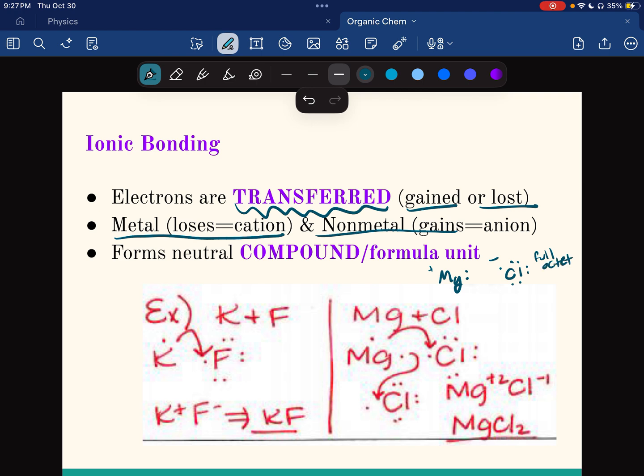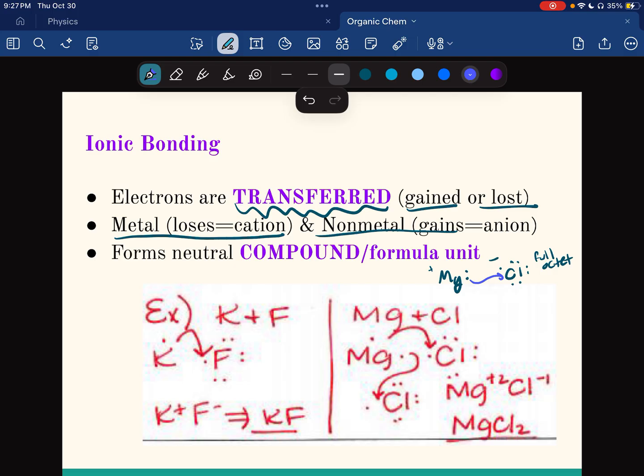Magnesium is going to take 6 more electrons, so it's much more stable for the chlorine to just pick up one of these electrons here, and then the magnesium to donate it, because the magnesium then becomes a positive charge, and then the chlorine becomes a negative.